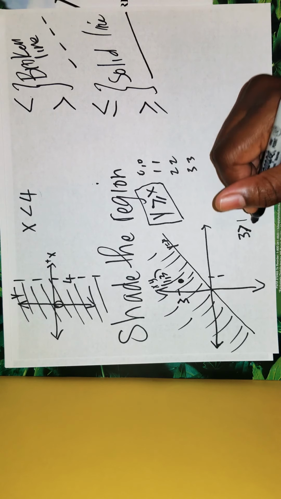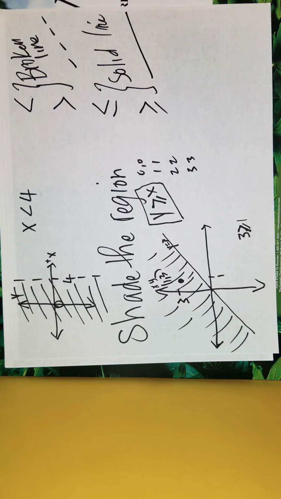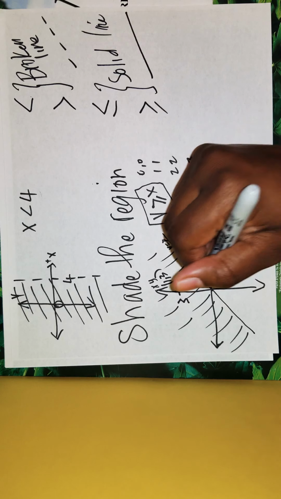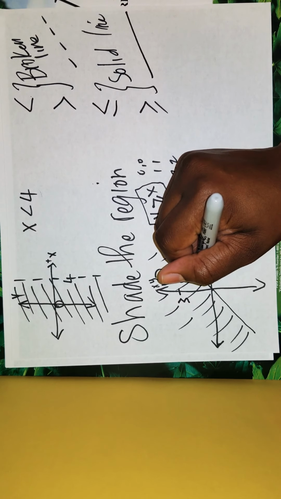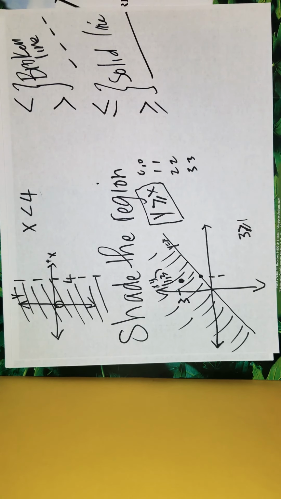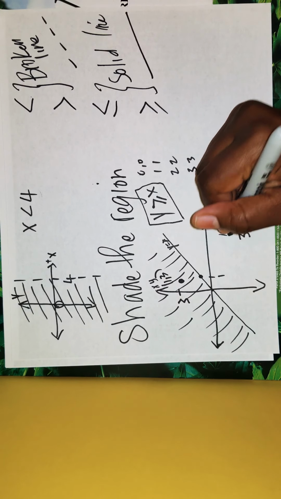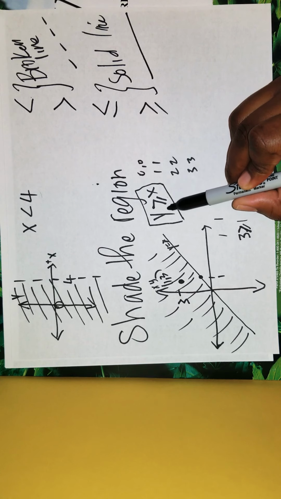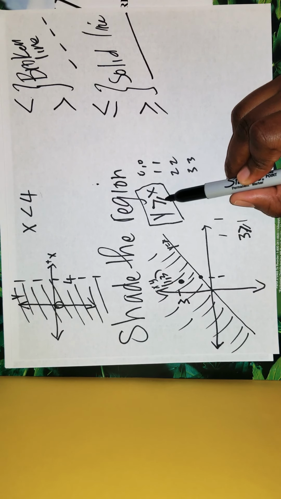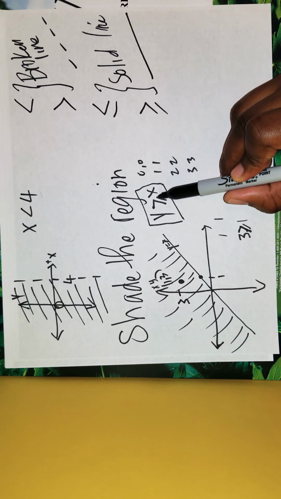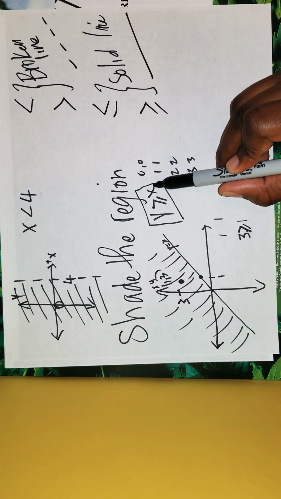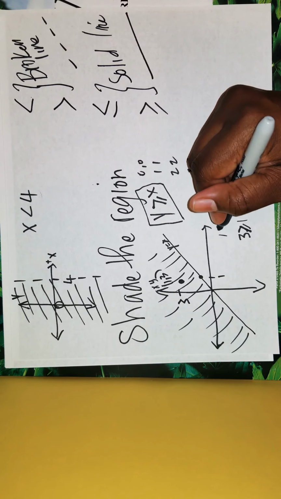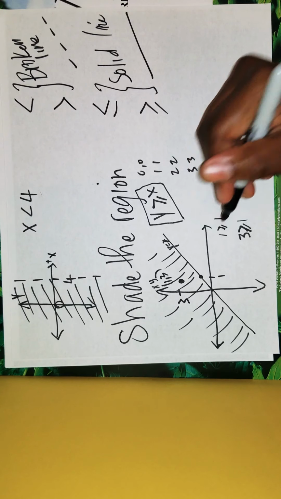It's greater than or equal to, so 3 is greater than or equal to 1. If I had chosen this point right here, let's say that's (1, 1), here it proves true because y is greater than or equal to x, meaning y can be 1 and x can be 1 because it says equal to. So again, it is also true.